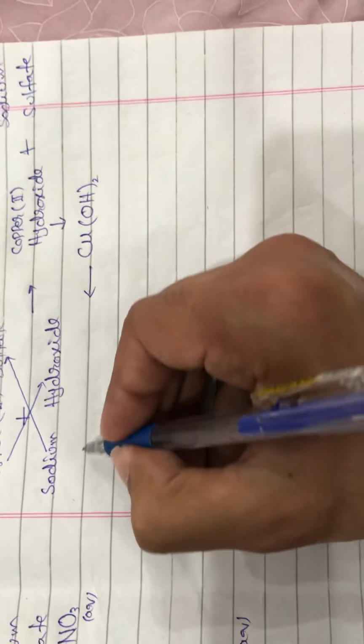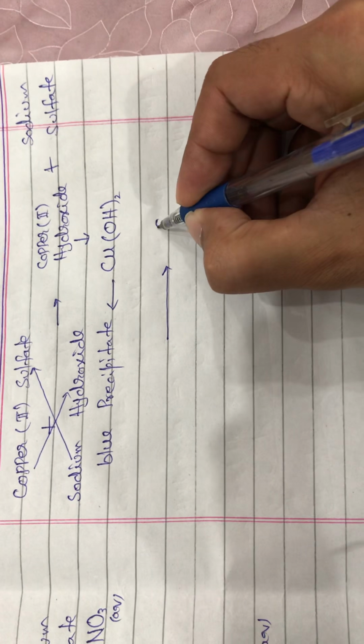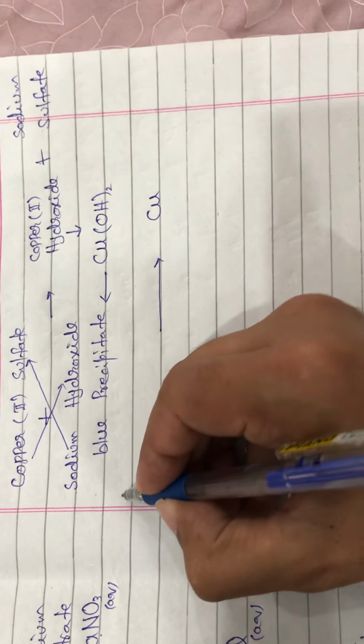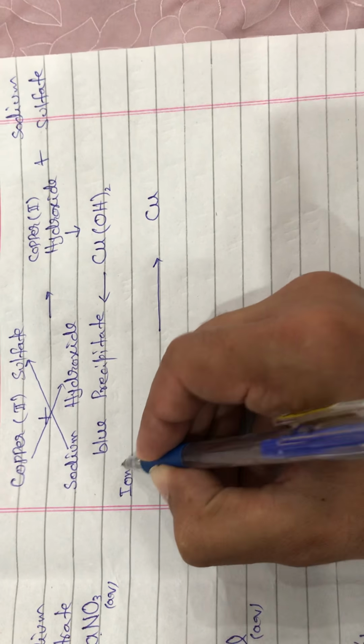Similarly, we can write the precipitation equation for this reaction. So you may write the ionic precipitation equation for blue precipitates.